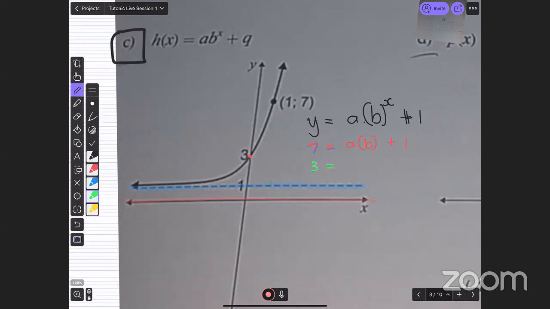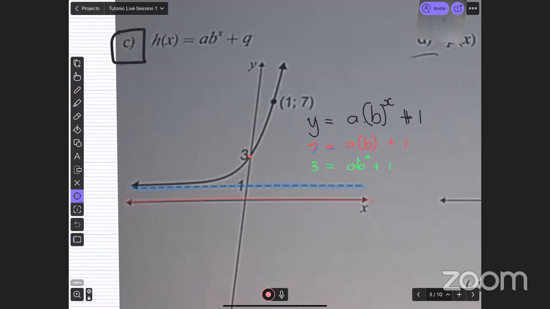So A is 2. I just skipped a step there, it's B to the power of 0. Sydney, do you see we're subbing in the different points? Yes, I do. So the nice thing is when you want to work out equations, just sub in points, sub in information.